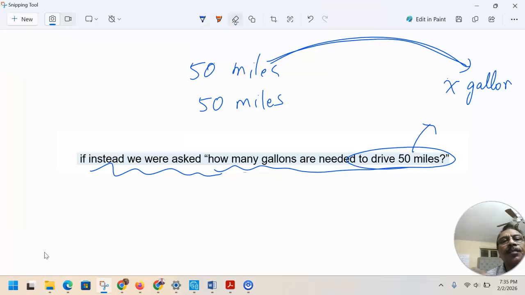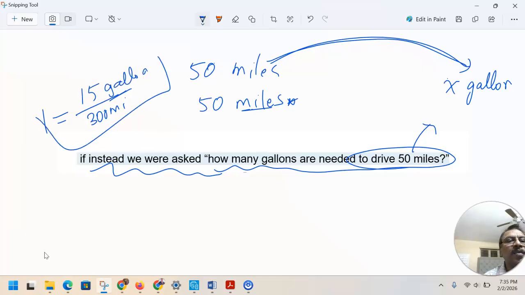This time, because miles is given, I'll use the rate as they gave us in the earlier problem: 300 miles for 15 gallons. So this is the one that you use.